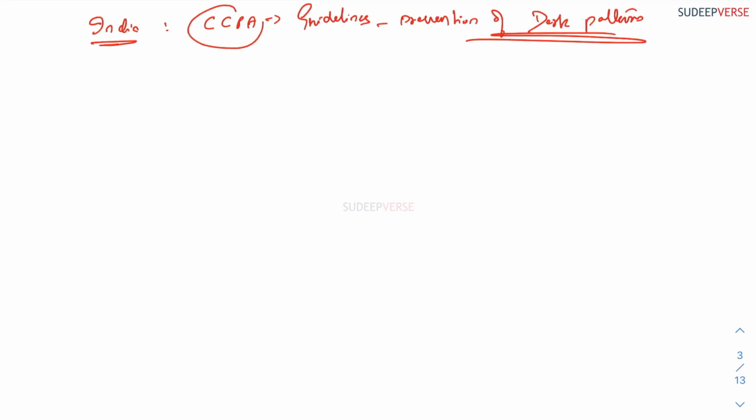Now, why is the Central Consumer Protection Authority getting the right to release these guidelines? It is from, as I already told you, Section 18 of the Consumer Protection Act 2019.